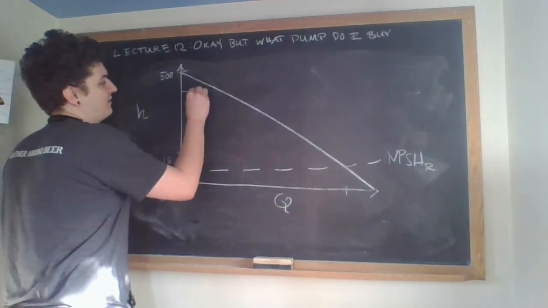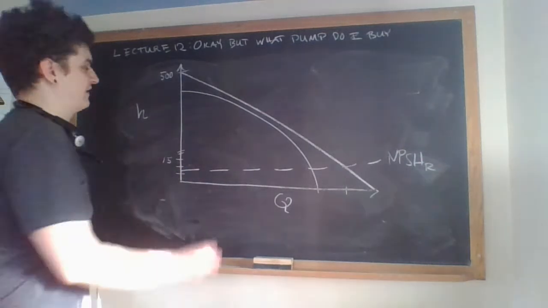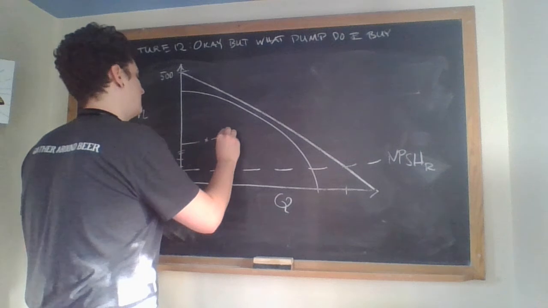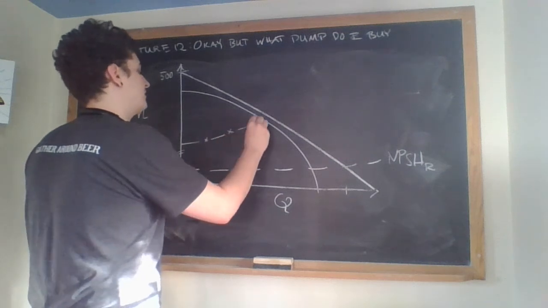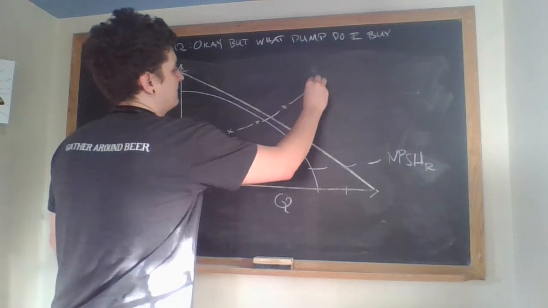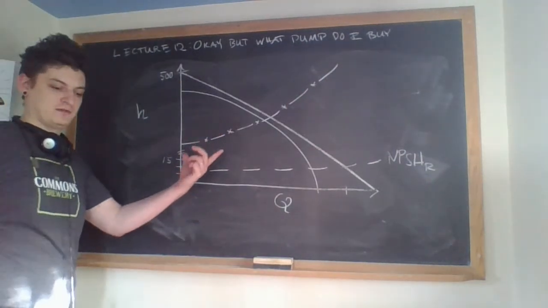You'll have actual, and then you have the other one, the big classic one. Okay, and this is the system curve.